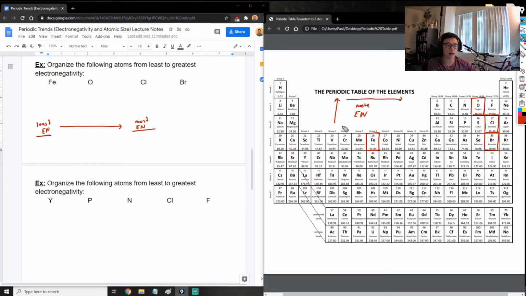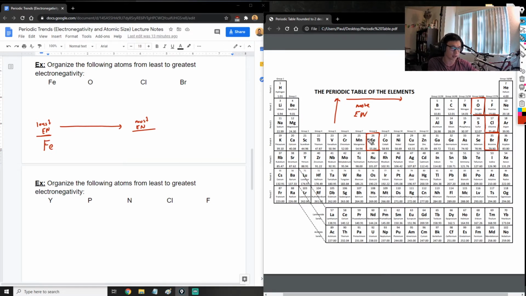We said that the pattern is as you go up and to the right, they get more electronegative. So if we look at the bottom left of the atoms we took note of, you'll see that Fe is the most to the bottom and the least to the right. That means Fe is the least electronegative.